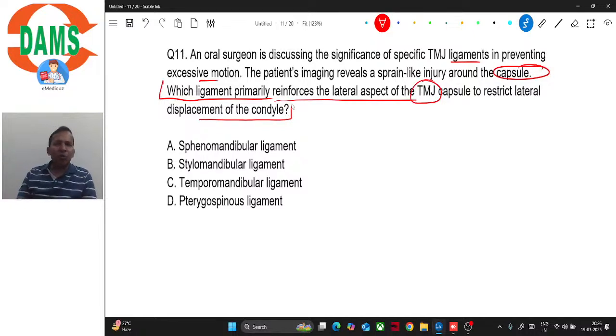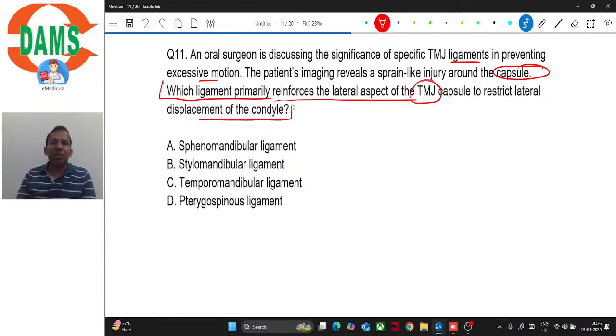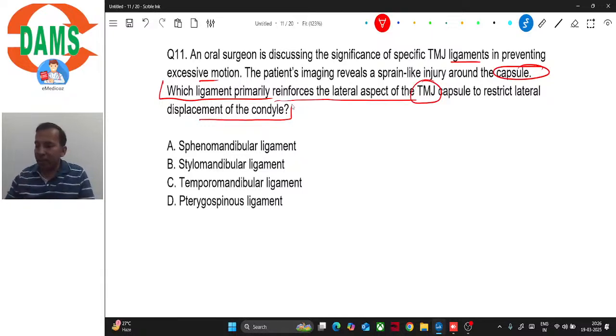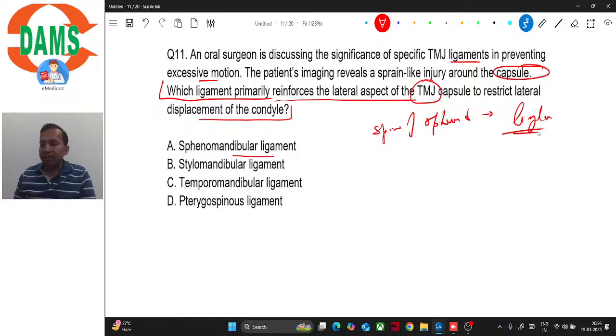As I told you, sometimes you won't need to read the entire question. Just the last part is sometimes sufficient to answer the question, right? So options are sphenomandibular ligament. The sphenomandibular ligament connects from the spine of sphenoid to the lingula, isn't it?